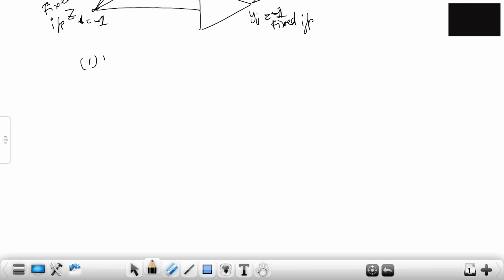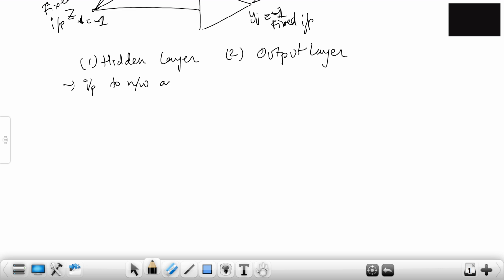One is the hidden layer, and the second one is the output layer. These are the two layers that we have. The first thing is inputs to the network, which are Z1, Z2, and so on till Zn, right?